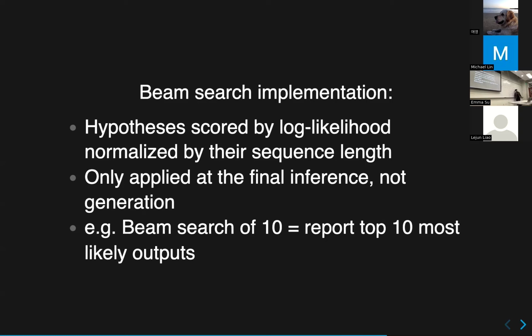Each of those tokens has a probability, and the probability of all of this happening is the product of all of those probabilities at each level. So if you take the most likely probability at each step, that might not lead to the most probable sequence. Being greedy will not lead to the optimal sequence in terms of likelihood.